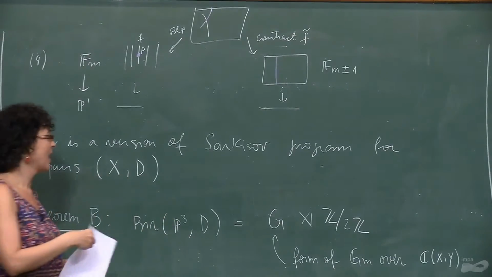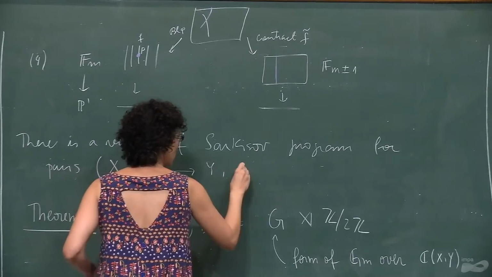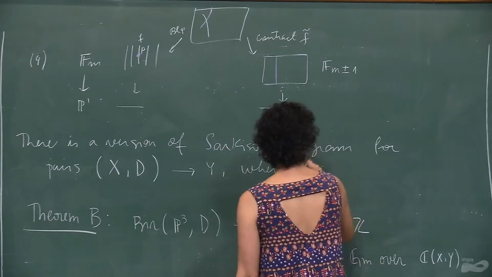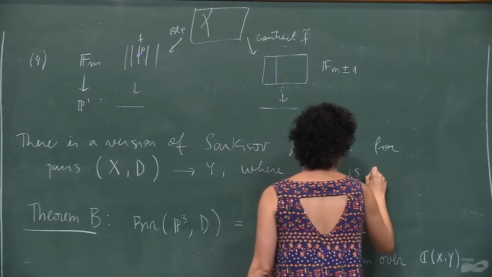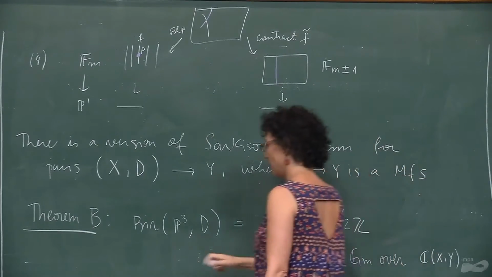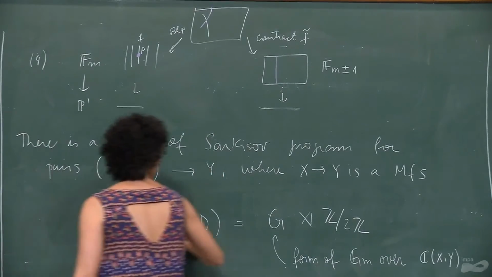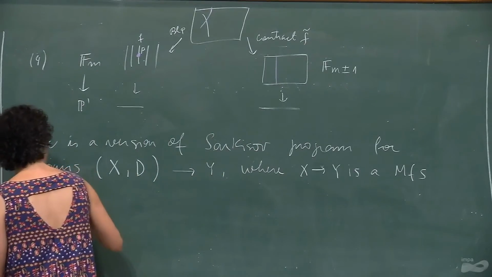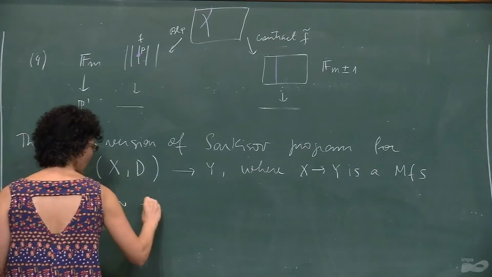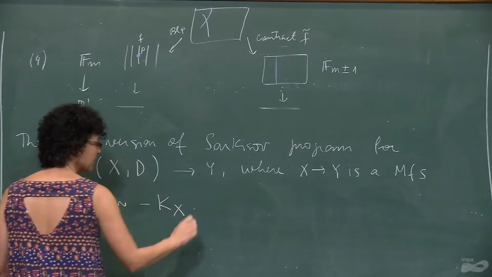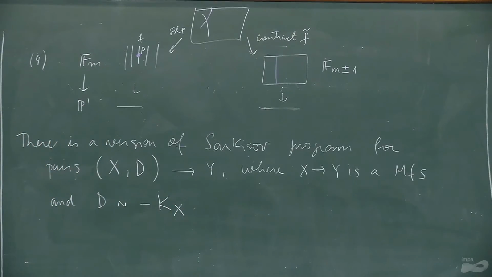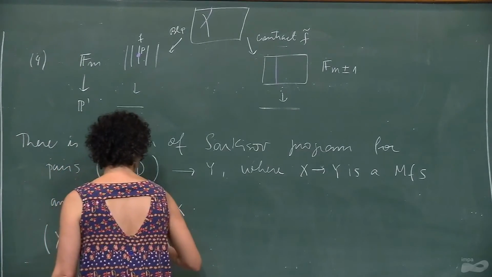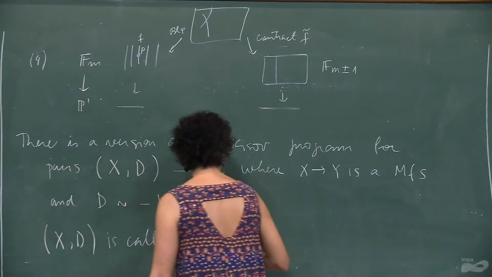Here X to Y is a Mori fiber space, and D is linearly equivalent to minus K_X. So this is what we call a Calabi-Yau pair.